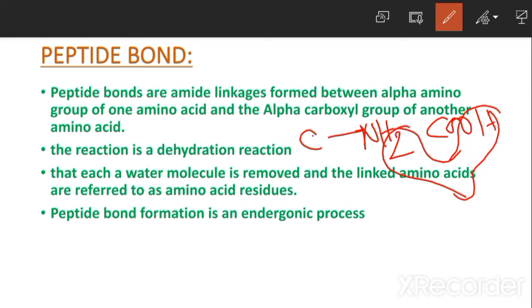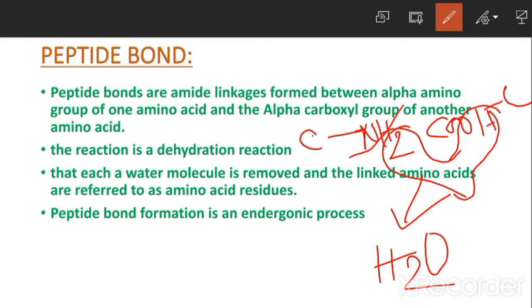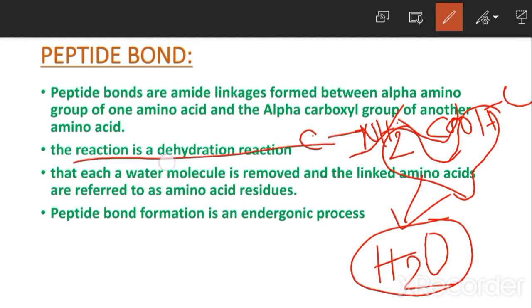So H2O, two hydrogens and one oxygen, is removed. So here NH and CO undergo bond formation, and one H2O is removed, which is why the reaction is dehydration.